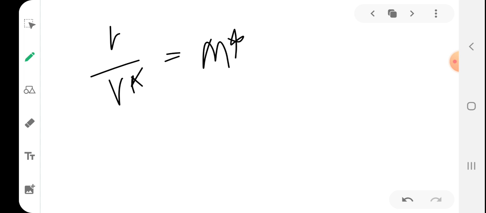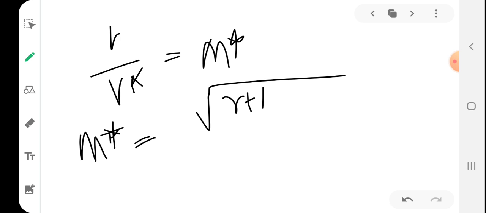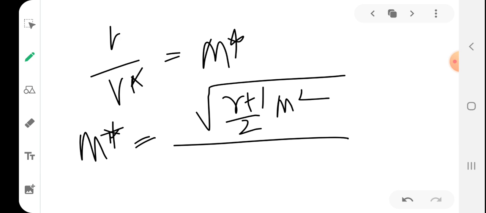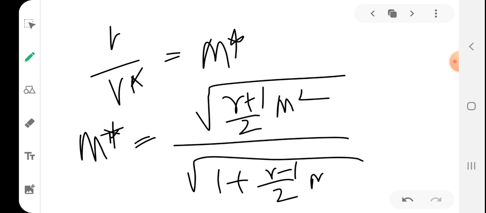You have already derived the equation for Mach star in your previous module as root of gamma plus 1 by 2 Mach square, divided by root of 1 plus gamma minus 1 by 2 Mach square. I think you remember this equation. If you don't remember, you just flip back to your earlier videos or notes. So Mach star can be written like this.